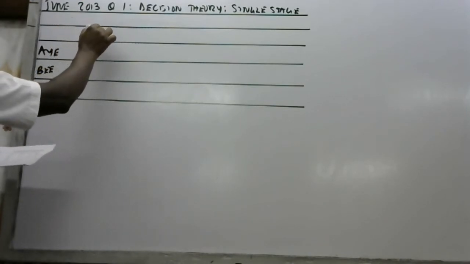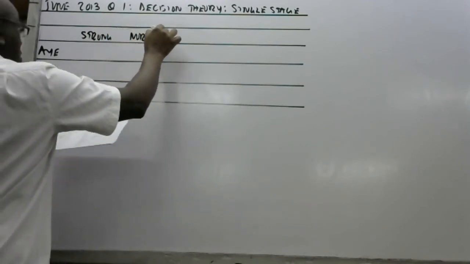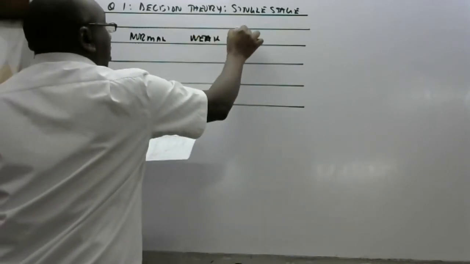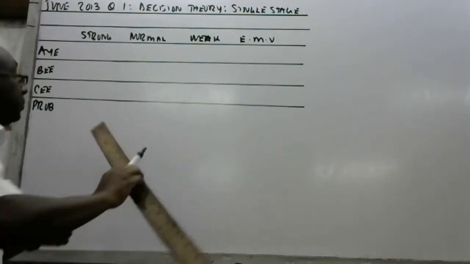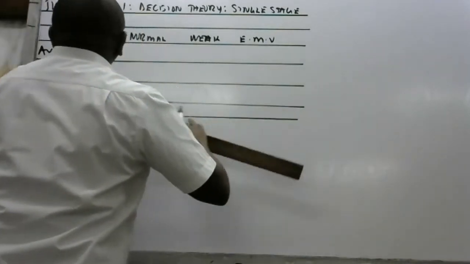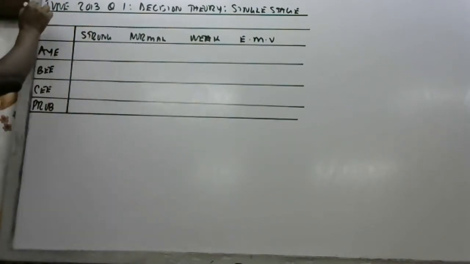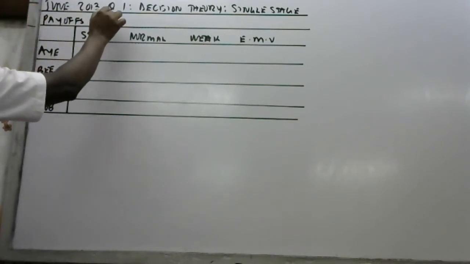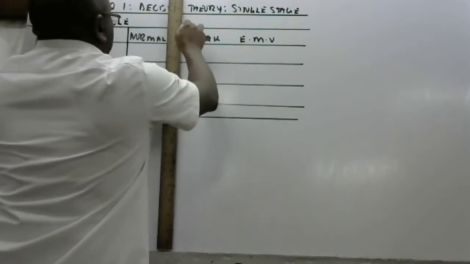The outcomes are strong, normal, and weak, and then we have EMV. So this is what we call the payoff table.